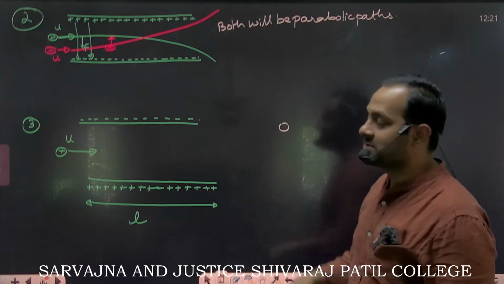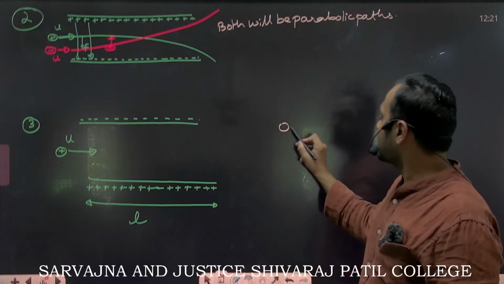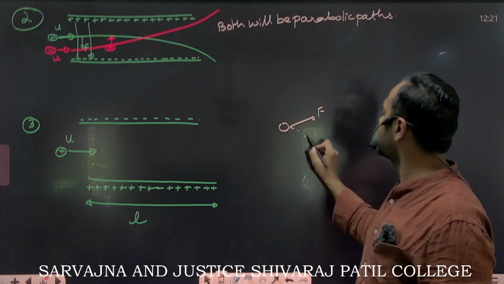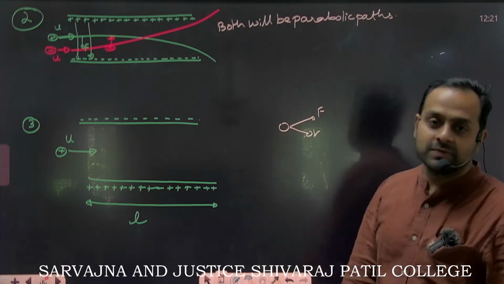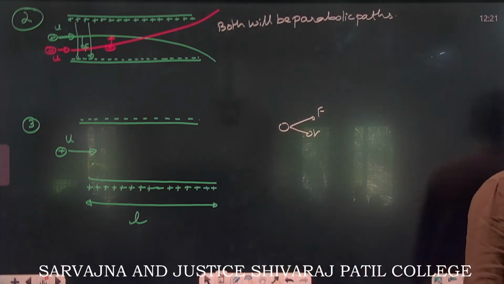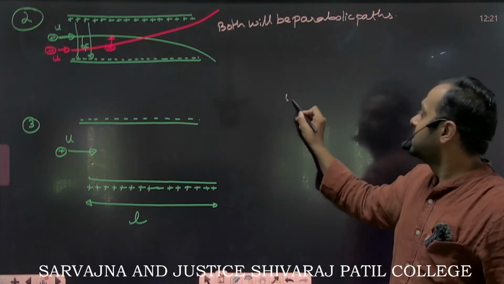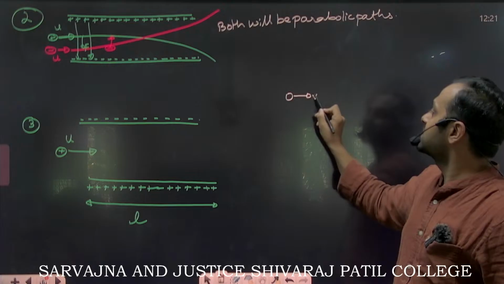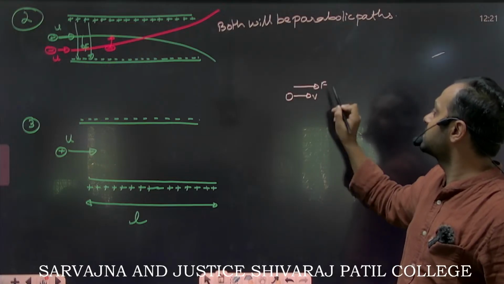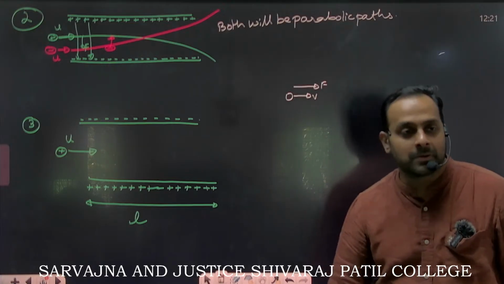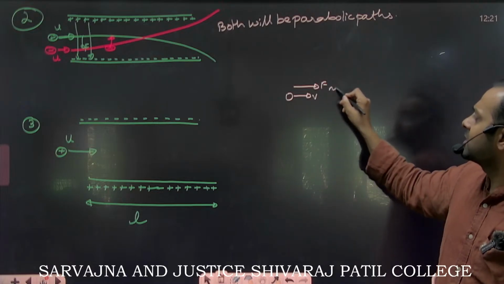If you know the relation between force and velocity, you will understand what path the object takes. Let's say the velocity of the object is towards the right and the force is also in the same direction. Here I am talking about the net force.